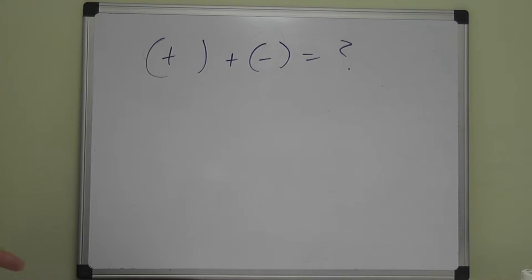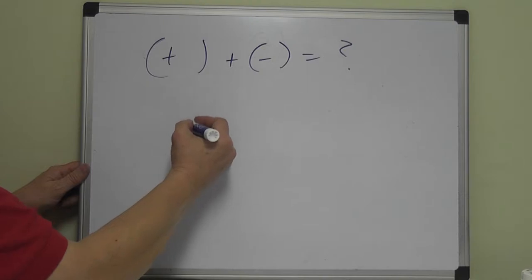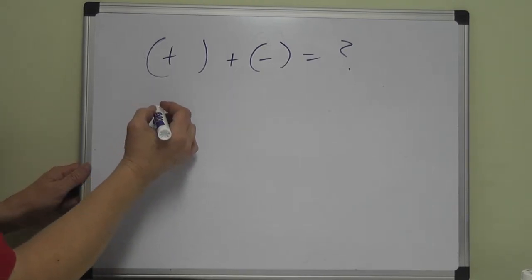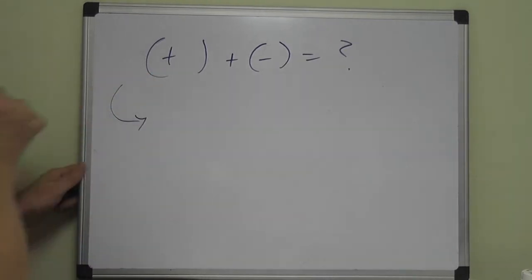Well, you subtract their absolute values and you use the sign of the number that has a larger absolute value. That becomes the sign of the rational number. Let me go ahead and write this down for you.